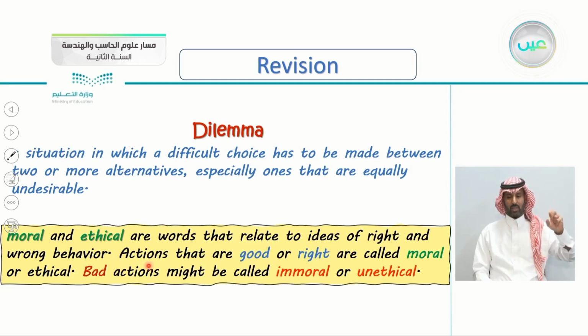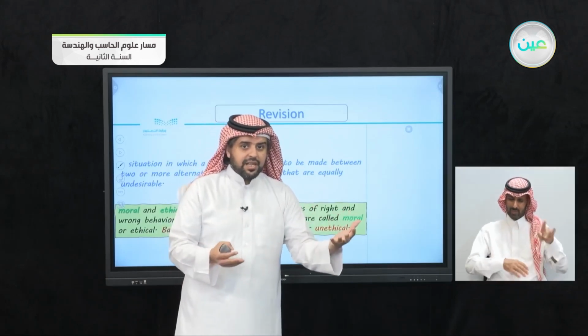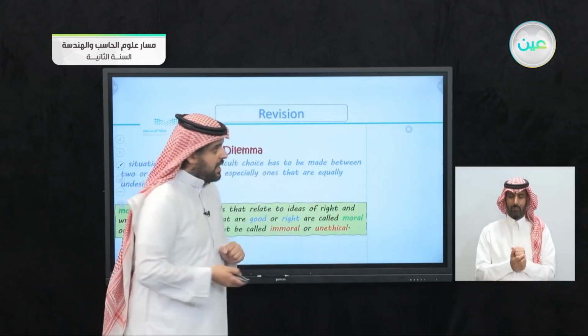Actions that are bad might be called immoral or unethical. The opposite, immoral, notice the prefix im. Immoral, and the prefix here is un, unethical. So we have moral, immoral, ethical, and unethical.